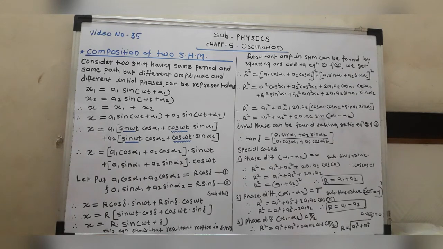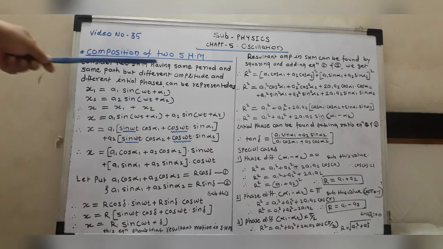For composition of SHM, we have to consider two SHM having the same period and same path, but different amplitude and different initial phases. Then these two displacements are represented as follows: x1 is equal to a1 sin(omega t plus alpha 1) and x2 is equal to a2 sin(omega t plus alpha 2).